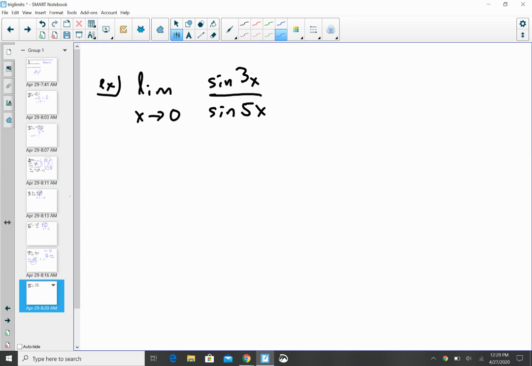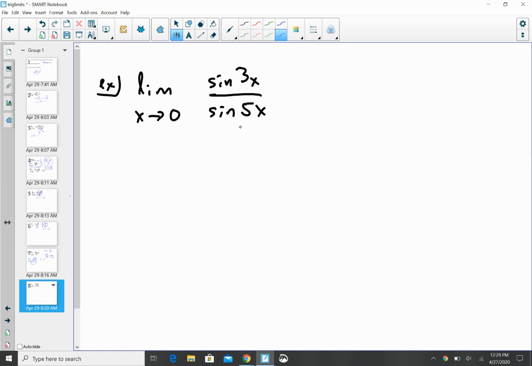Finally, we're going to come up with one that we're going to create our own little rule for. But I want to work through the example first before we create the rule. So you see we have sine both in top and bottom. So I wish that underneath the sine 3x, I had a 3x, because then that's the same.